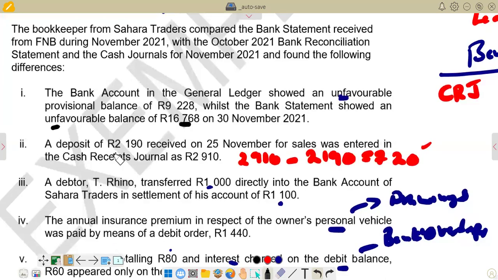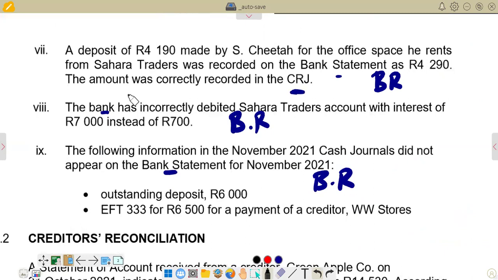Obviously now we go and see what happens after that. So we have got a deposit. We see that both these entries were affecting the bank account. The ones that affected the bank reconciliation, we've already indicated, are 7, 8, and 9. This one is saying a deposit of 4,190 by Sahara Traders was recorded on the bank statement as 4,290.